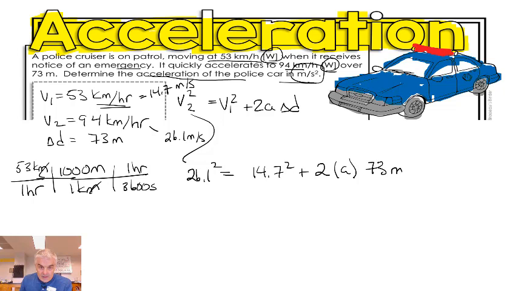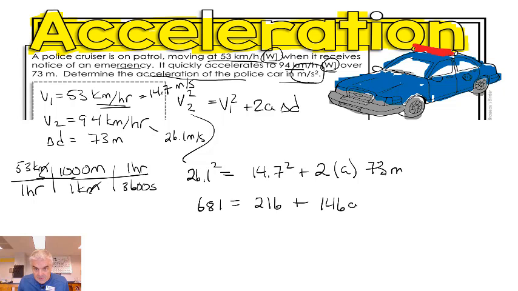All right, so get the calculator out. 26.1 squared is 681, so I'll say 681 is equal to 14.7 squared, 216, plus, now 2 times 73 is 146, right? I can do that in my head.